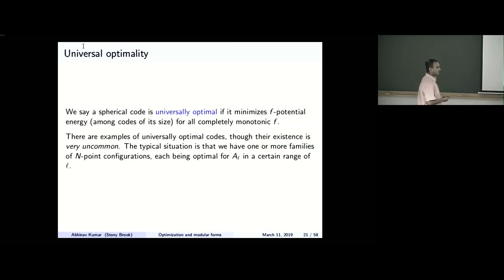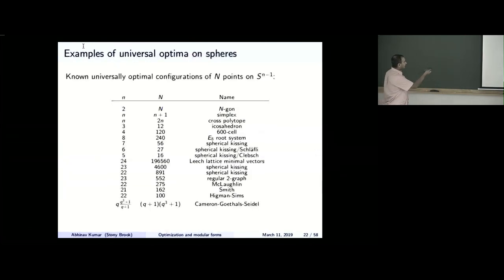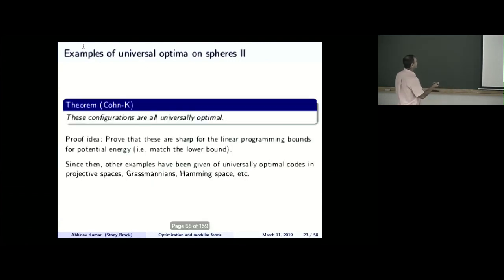That's the amazing thing, that there are things which are universally optimal. Typically, you're not going to see such things, but we saw some examples, like the antipodes and the 3 points, 4 points, 6 points. The existence is very uncommon, but here's a list that Henry Cohn and I showed consists of universally optimal codes. So they optimize pretty much everything you can throw at them.